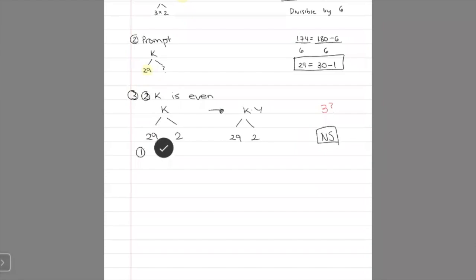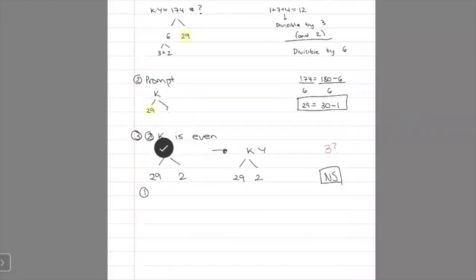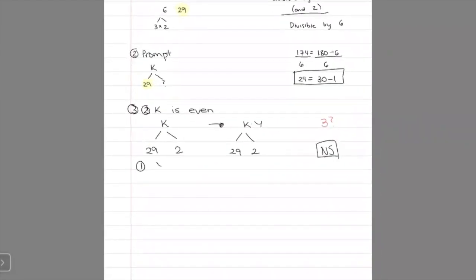And then you have statement 1, which says that y is a multiple of 27. So we can write it again as 27 times something. Also here, we could have had something else that we didn't know. And 27, we can reduce to 3 cubed. Now if we're looking at k times y, keep in mind that you don't want to combine the statements yet because we're looking at them individually.